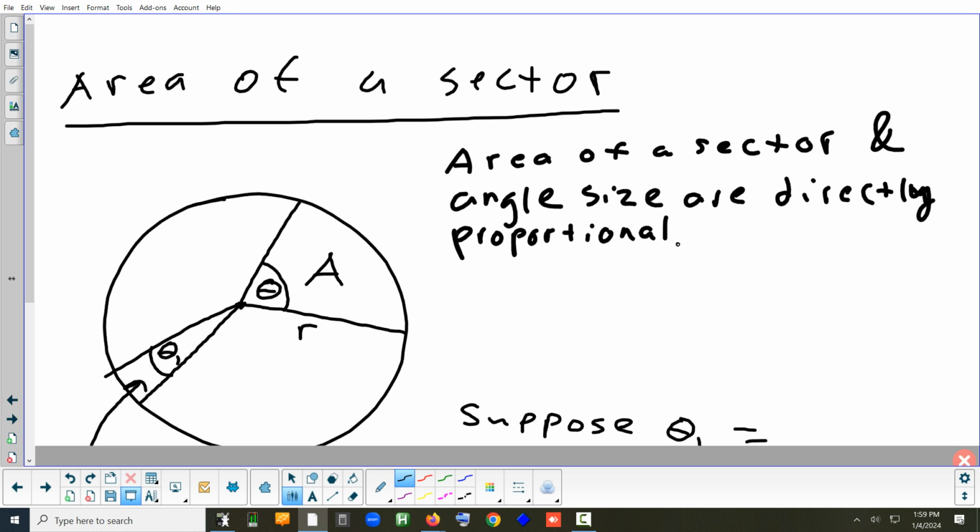And because they are directly proportional, that means we can set up a what? A proportion. If they are not proportional, you cannot use a proportion. That's how it works. All right, so let's set up a proportion.